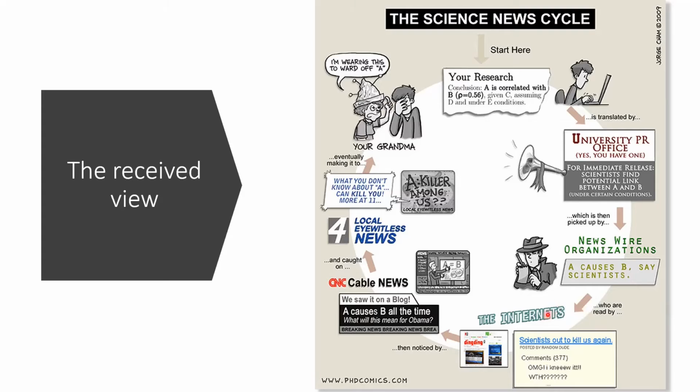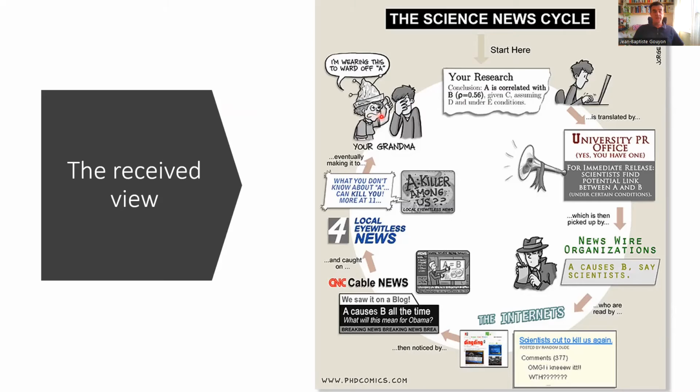And then it's again picked up by different media, from the internet to cable news, and then it goes down to local news organizations, and then it reaches somebody who is supposedly ignorant and doesn't really understand what's going on, which is your grandma.